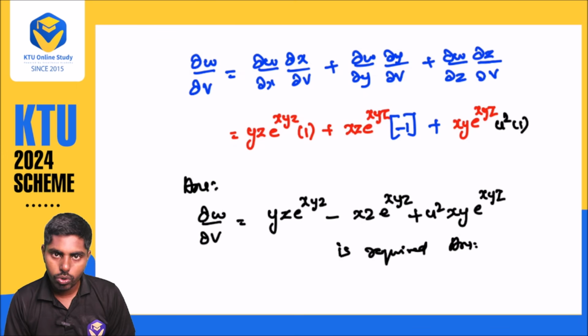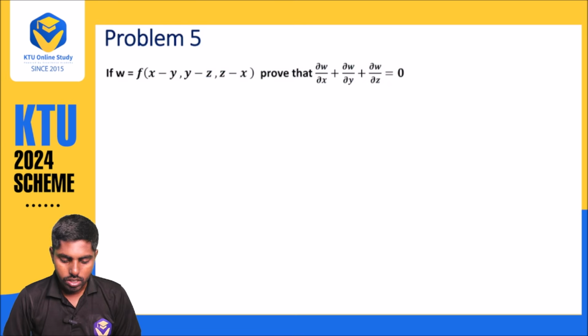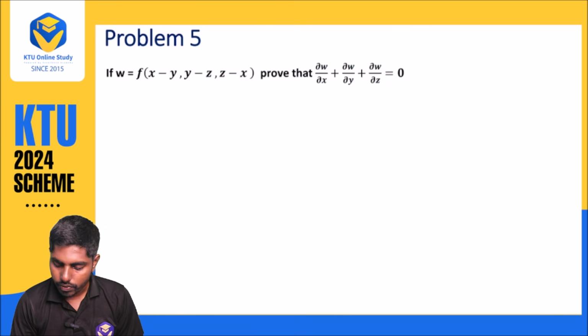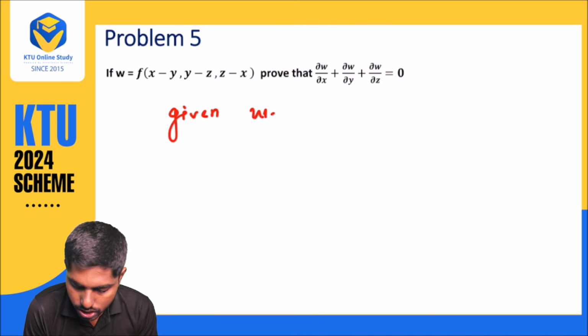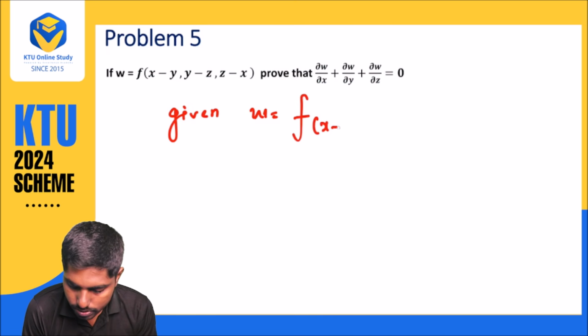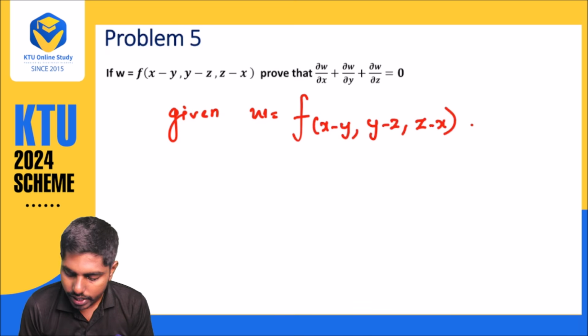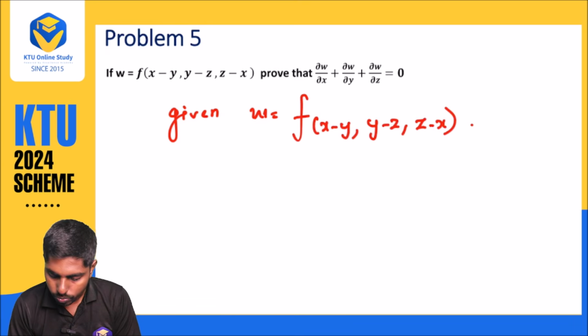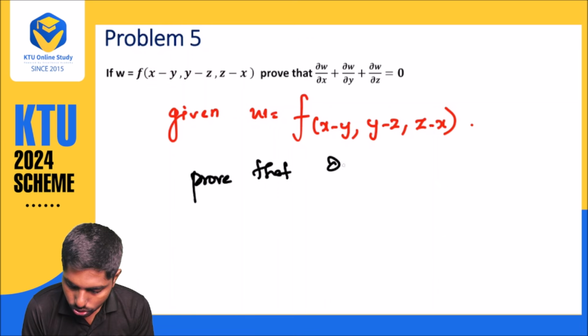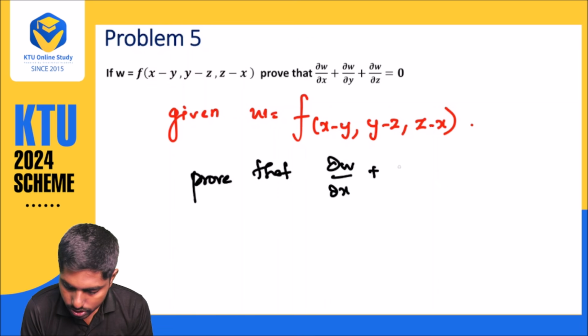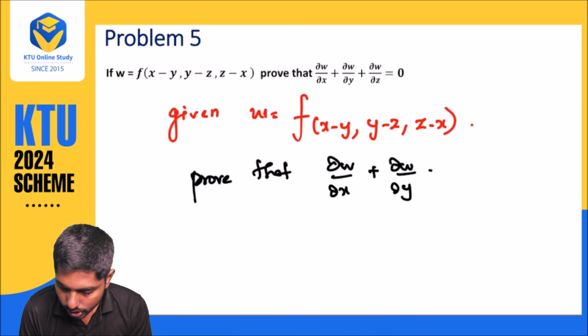Okay, so we will go to one more problem also. Here if you observe, they have given w is equal to f of (x minus y, y minus z, z minus x), and they also ask us to prove that ∂w/∂x plus ∂w/∂y plus ∂w/∂z is equal to 0.